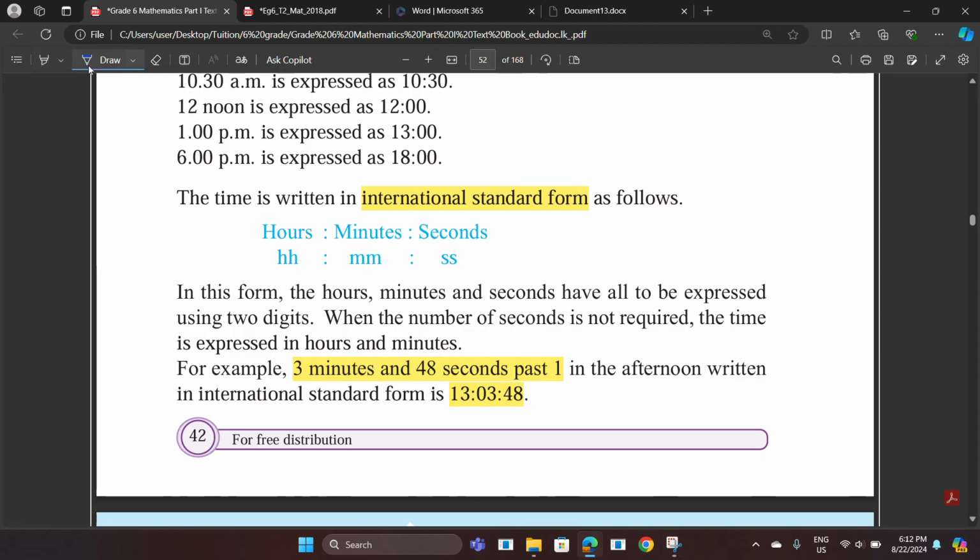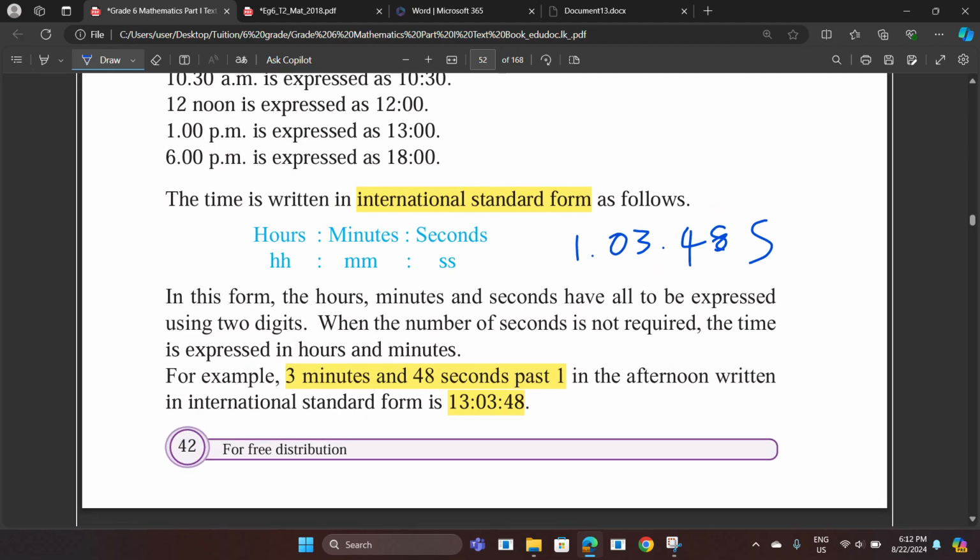So here it is saying about 1, 3, and 48 seconds. Okay, it is saying about this time. But in International Standard Form, we have a specific method to write it.